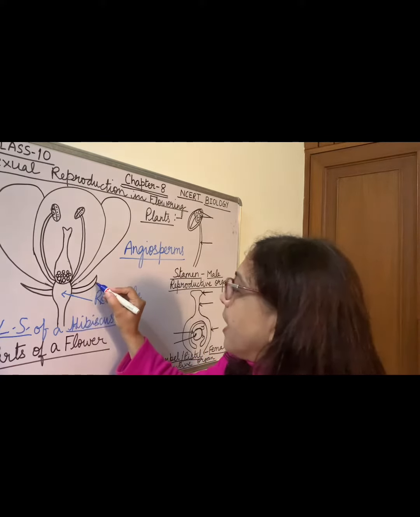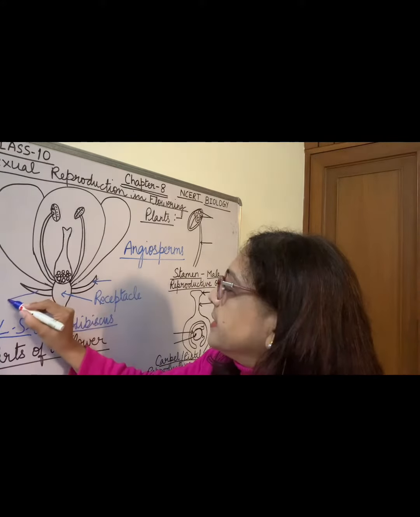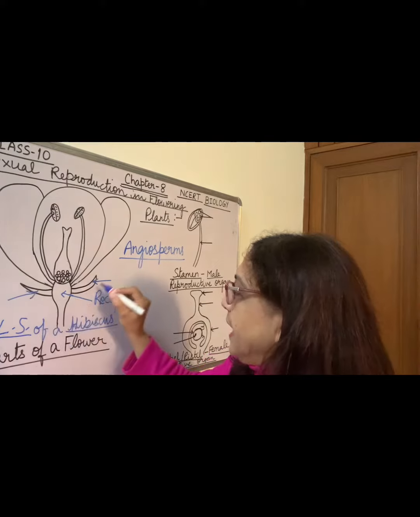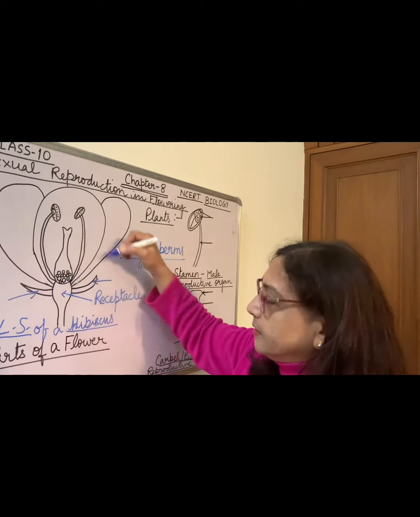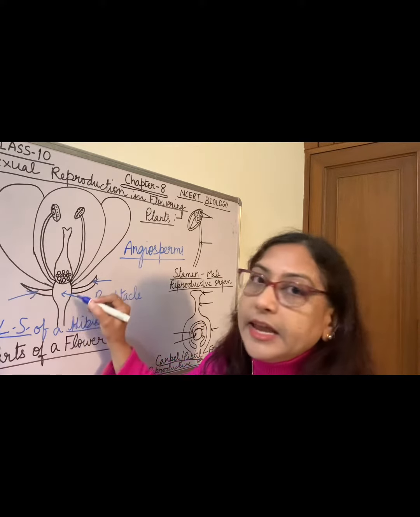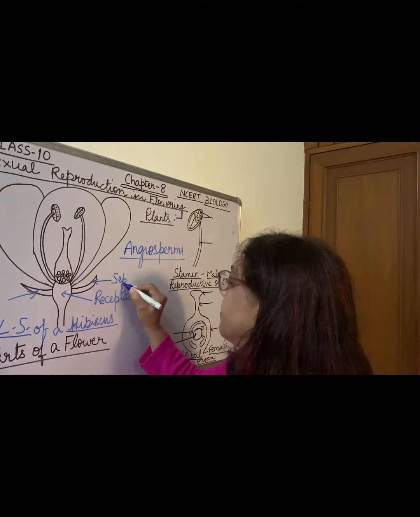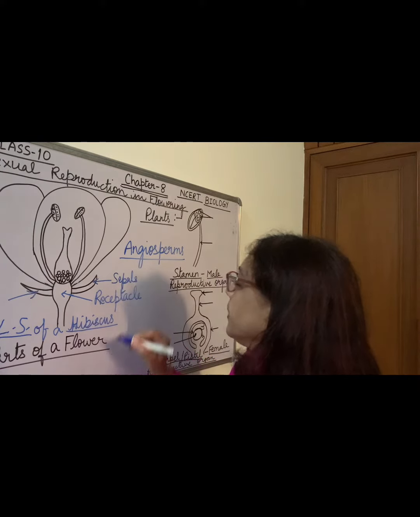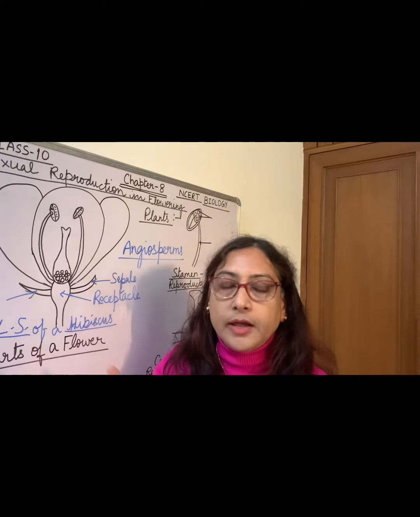The second part is this. This and this is the same and they are forming actually a ring outside the flower. These are leaf-like structures, green leaf-like structures, which are known as sepals, and they form the outermost ring in the flower.